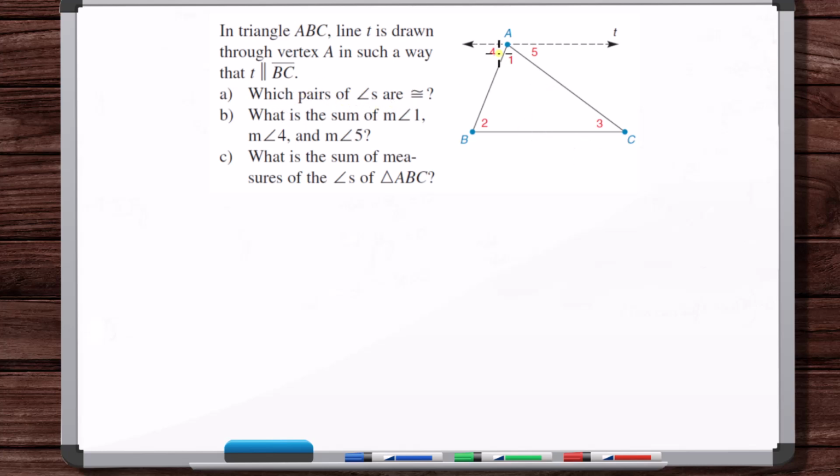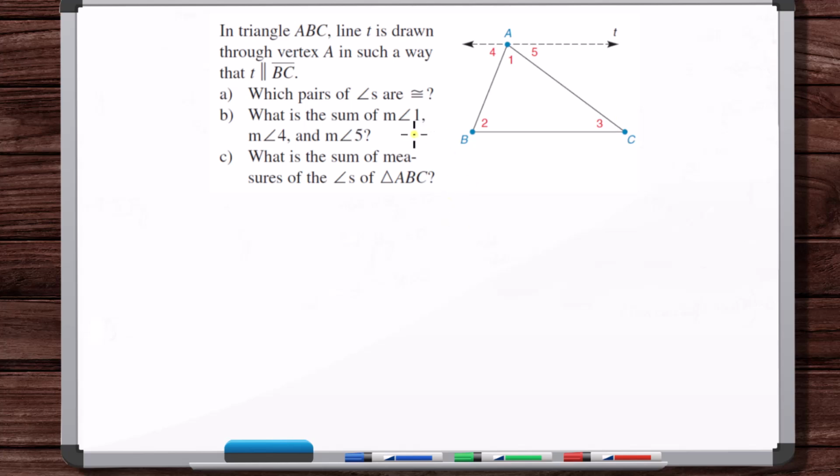So what they're going for here is that even with a triangle, we can still analyze a problem and break it down. We've still got these two lines, T and line BC, which are parallel, and they're cut by transversals BA and AC. So there are two transversal cases here.